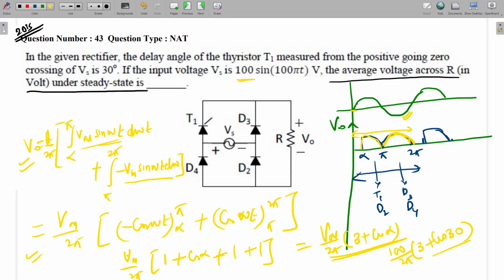So 61.52. Is everyone getting this answer? 61.52 volt. So this is also a fill in the blanks type question. Their unit is volt, so the answer will be 61.52 volt. Is it clear?